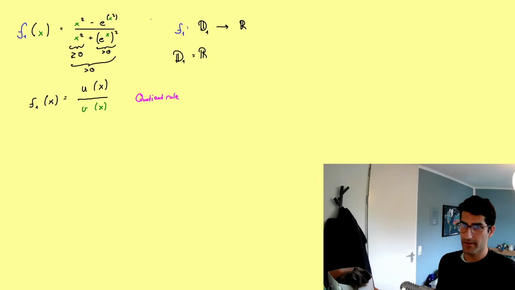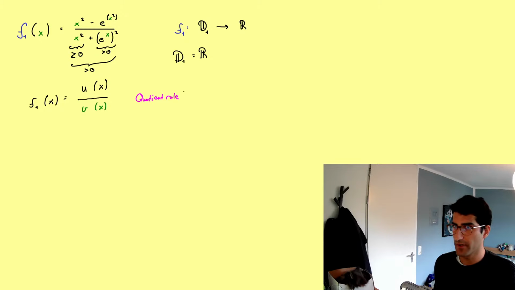So the quotient rule allows us to transfer the differentiability of the numerator and the denominator to the differentiability of the whole fraction. So we need to know something about u and something about v. The other thing we need to know about v is that v does not attain the value 0, which is something that we already checked here.